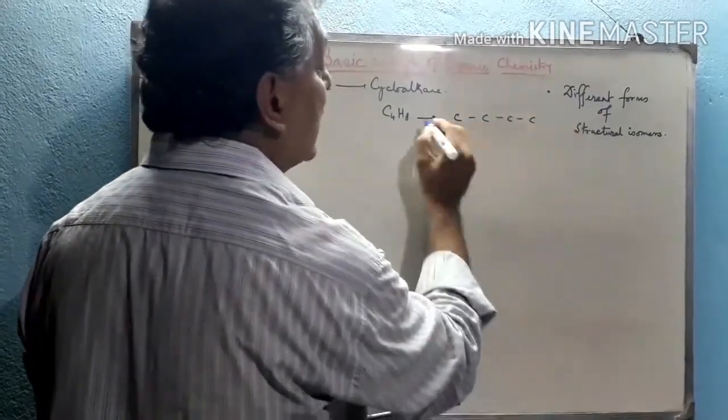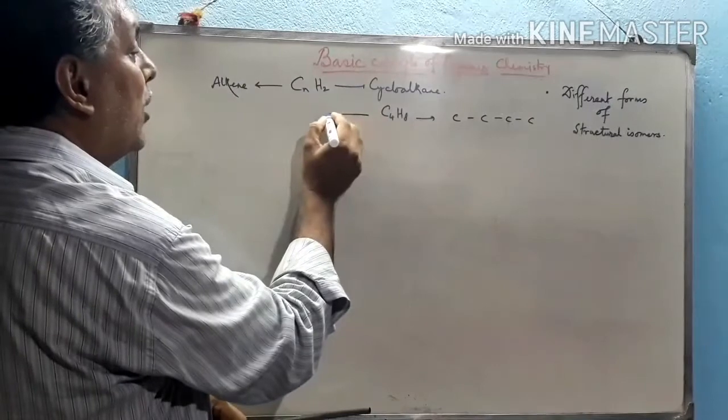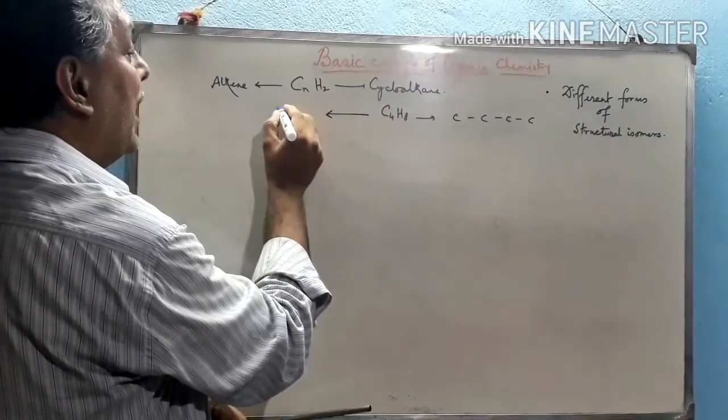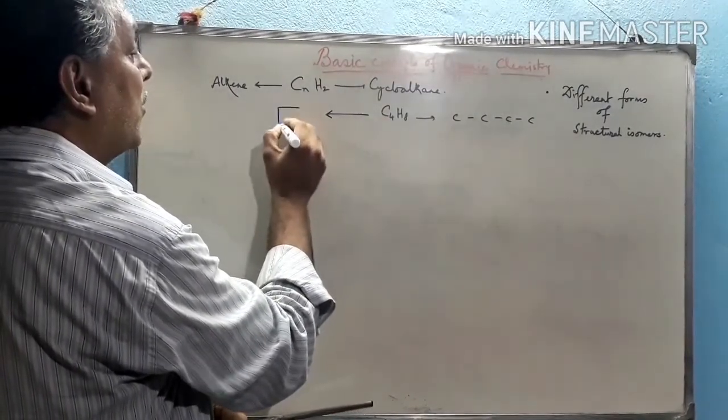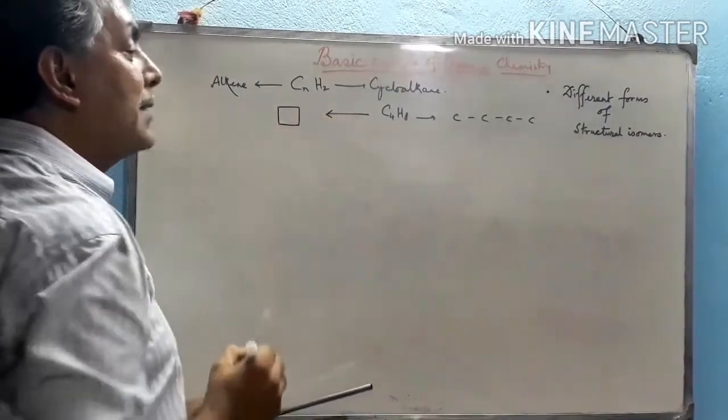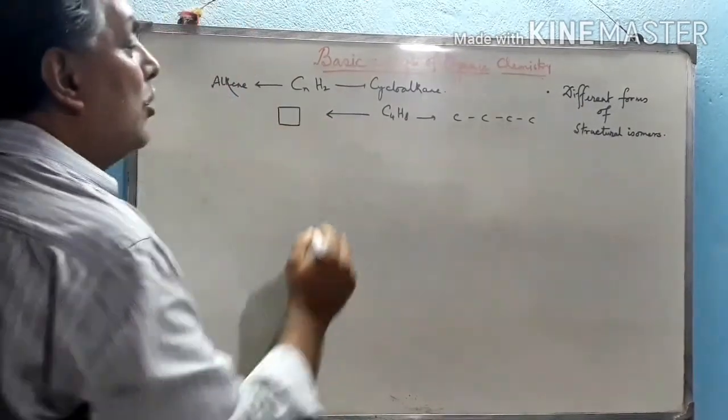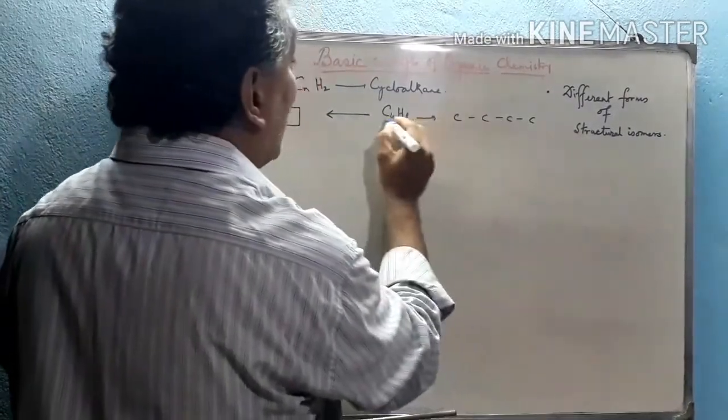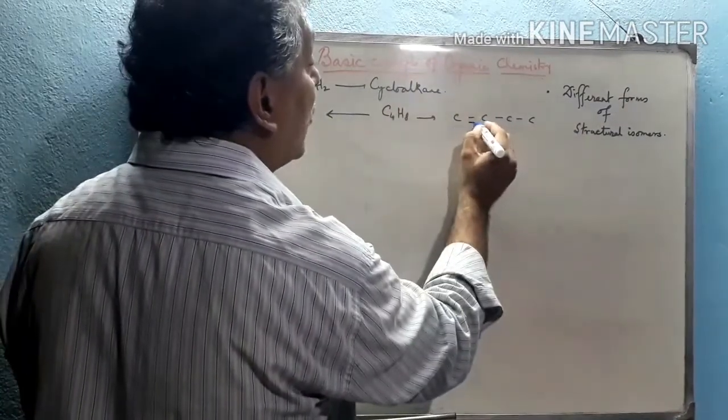These are the four carbon chain. For the cyclic system, we can draw the four carbons like cyclobutane. Now for a double bond system, because it is an alkene, the double bond is here.